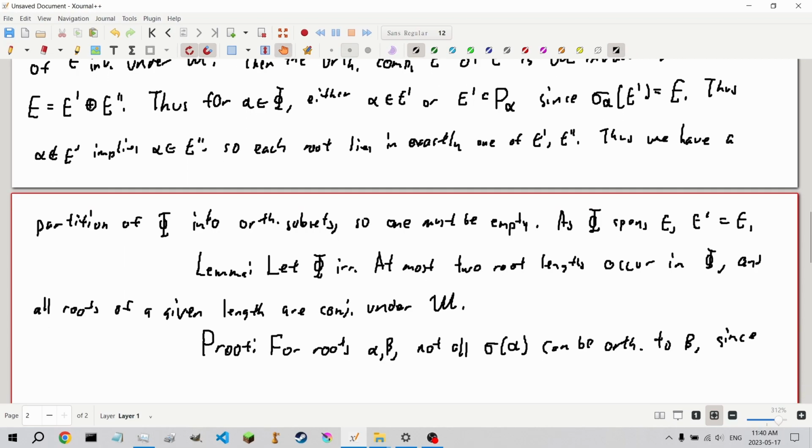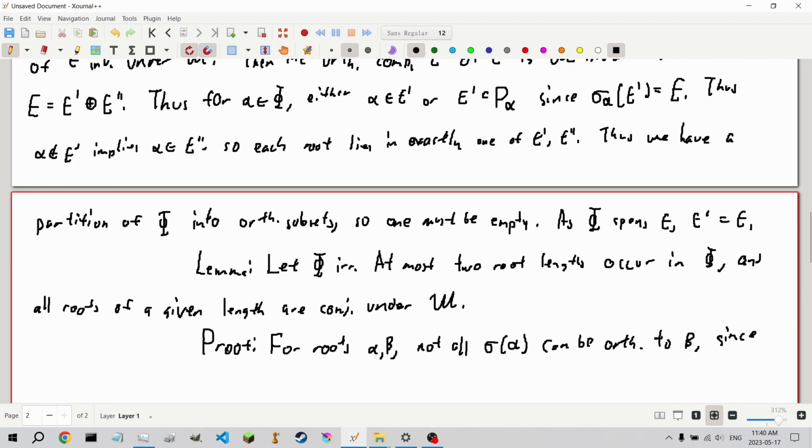For arbitrary sigma in the Weyl group, we saw that the image of alpha under all of the Weyl group spans E, if their form is not 0.